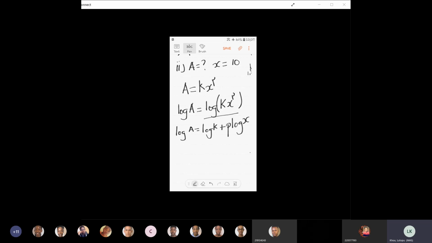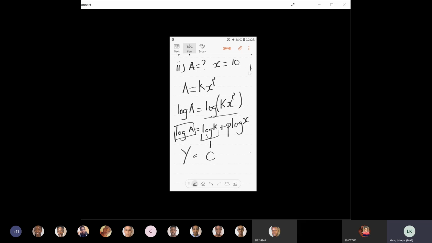So we said on the y-axis we must put some function that has to do with A, and on the x-axis we must put some function that has to do with x. This is the function that has to do with A, so this will become my y. This one here has nothing to do with A or x, so this will become my intercept.